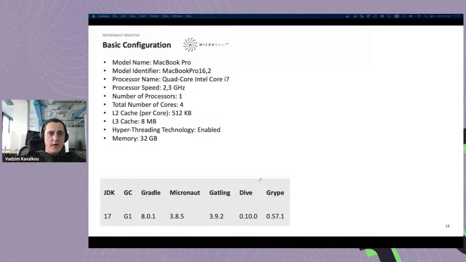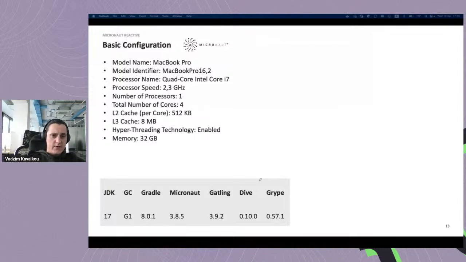And this is my typical preset of my working MacBook. You can find that I'm on the Intel Core i7, and the RAM is about 32 gigabytes, and I have 4 cores. JDK 17, G1 GC, Gradle 8.0.1.